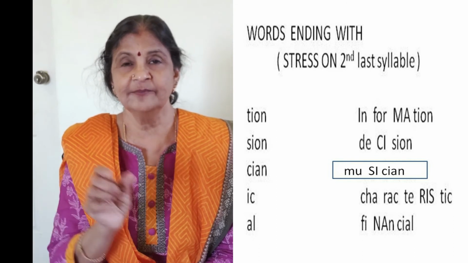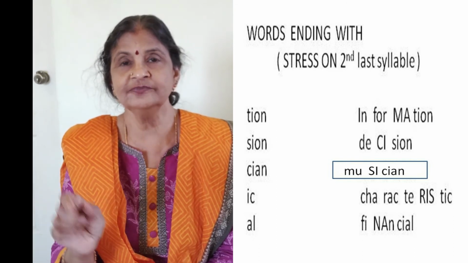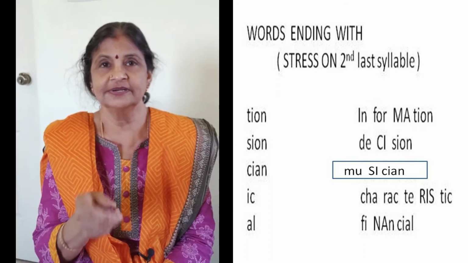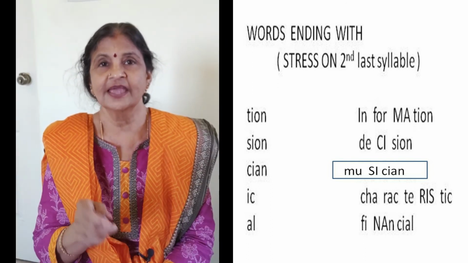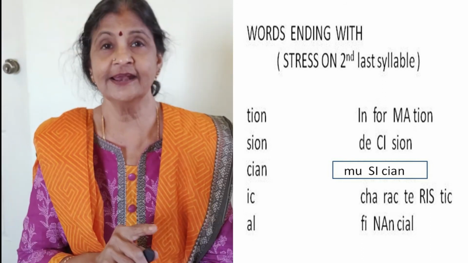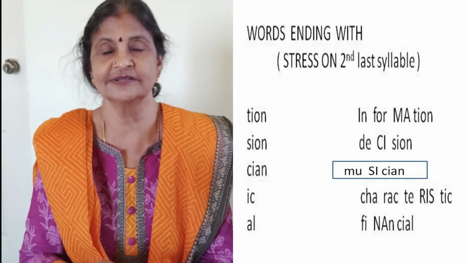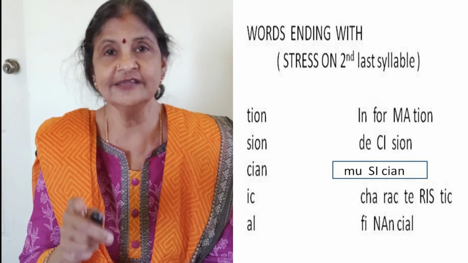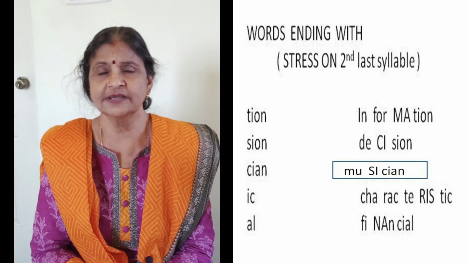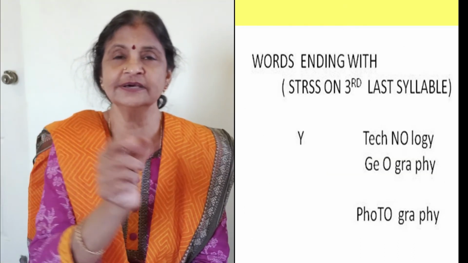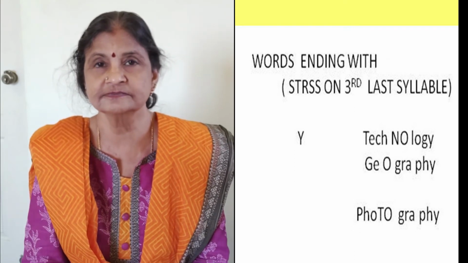Information. So the stress is on the second syllable from the last. Decision, musician, characteristic, financial, bacteria. When words end in y, the stress will be on the third last syllable.